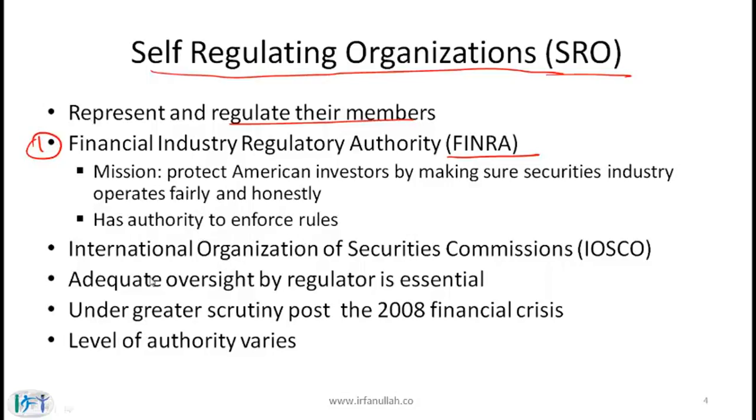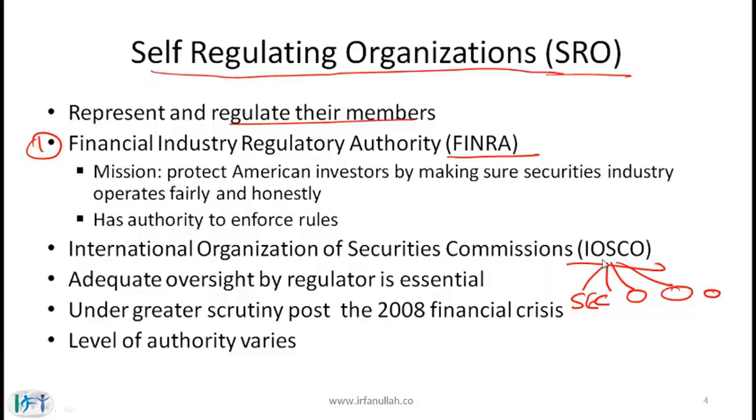Another SRO is the International Organization of Securities Commissions, or IOSCO. This entity basically is an umbrella organization which oversees the regulators or the security regulators across different countries. So within the IOSCO, you will have regulators such as the SEC in the US and the basic financial market regulatory authorities across different countries.